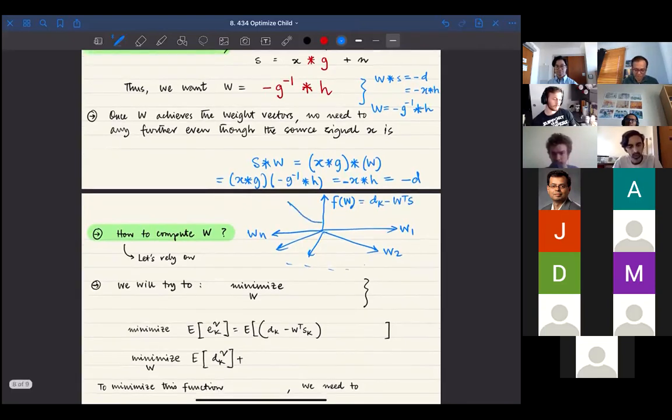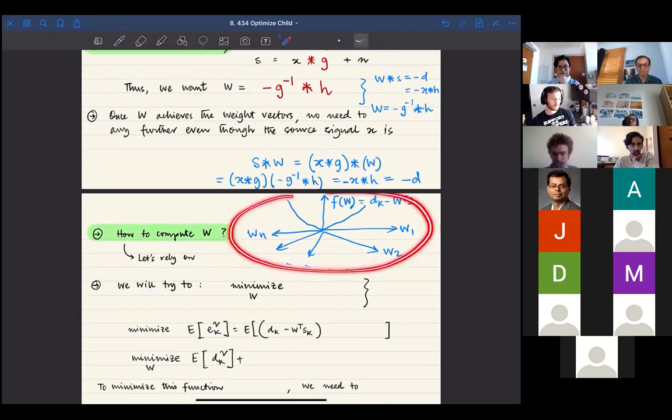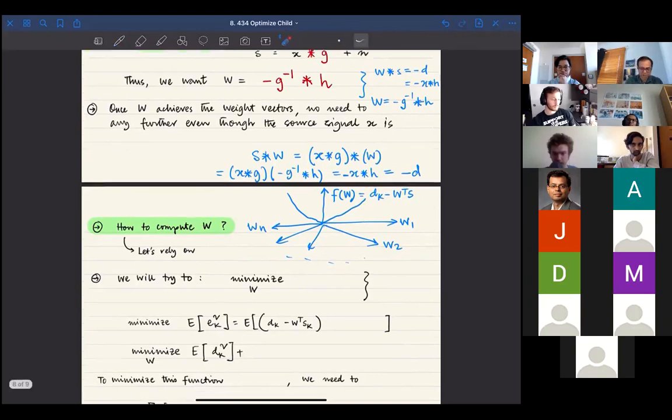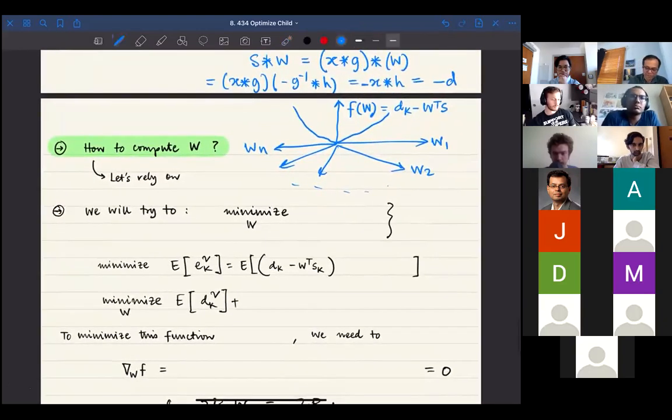That's the function I have. In fact, that function might have a 0. I want to find the W that will bring me to that minimum value. You see how noise cancellation is now getting connected to things we exactly talked about. This is exactly an optimization problem. The question is, how do you compute W? And there the answer is, we are going to rely on optimization.